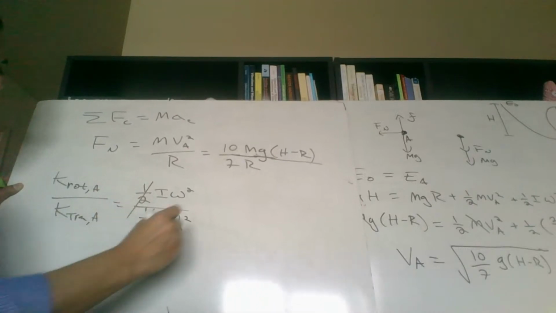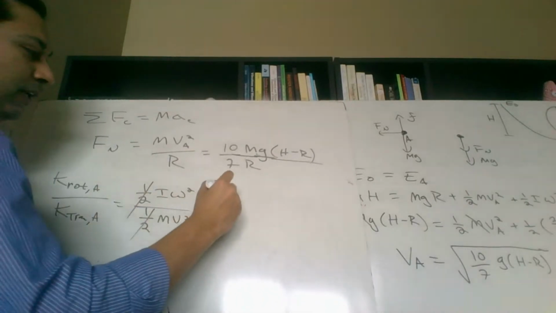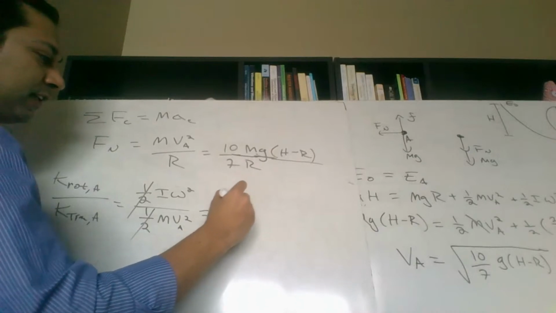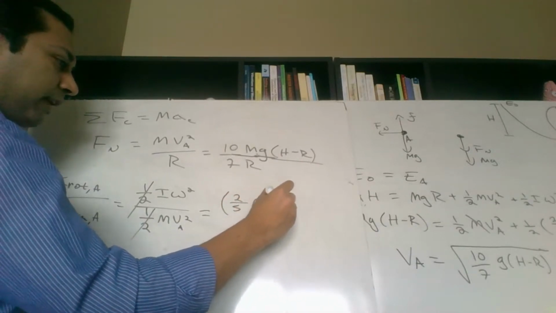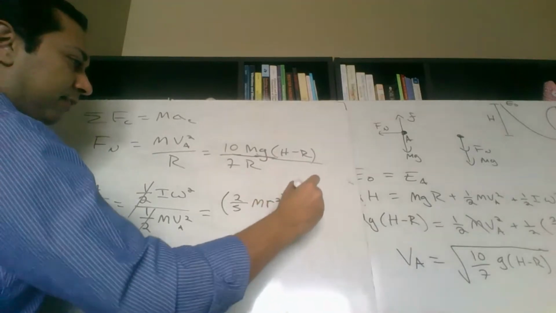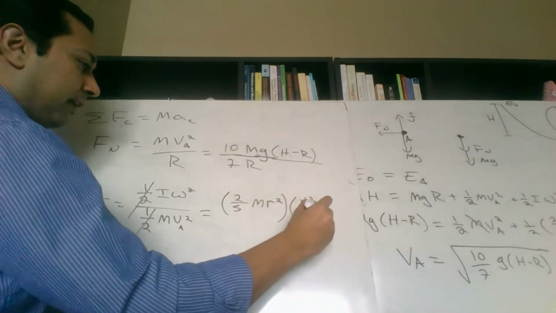The 1/2s cancel out. And here you have 2/5 m little r squared multiplied by v squared over r squared.